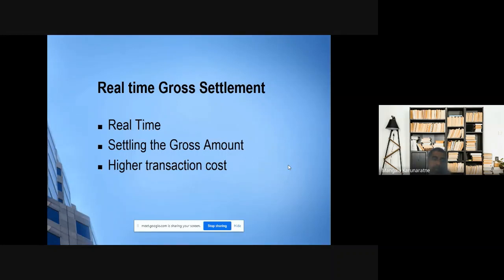But the only thing, this system comparatively has a bit higher transaction cost. Now when I say higher, in fact now it's very low. When we started in 2003, 2004, the central bank, I think, charged us 600 per transaction, and various banks had various charges.